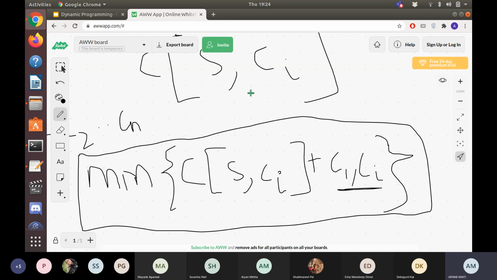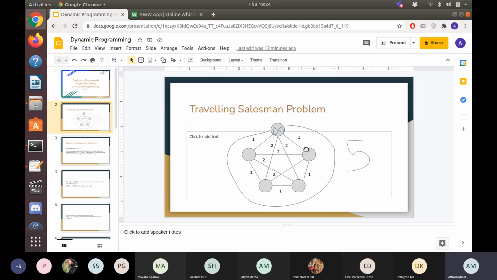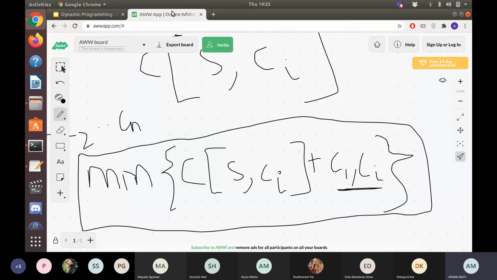Because at the end of the tour, one of the vertices must precede the first vertex, obviously. So for one of the Ci, we'll definitely get an optimal solution. That's the overall logic behind this dynamic program.